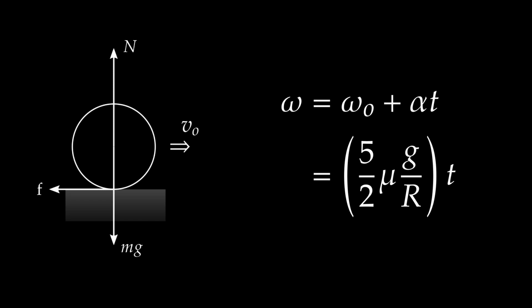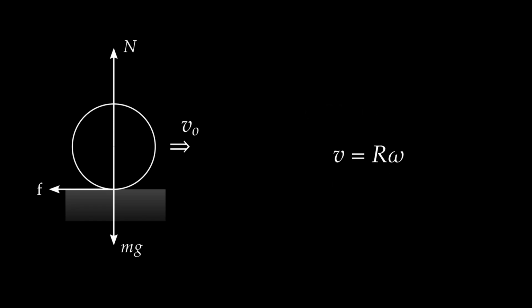And I can calculate that by making the assertion that when it rolls without slipping, v is equal to R omega. That assertion is made when it's rolling without slipping. So I'm going to force that to happen.